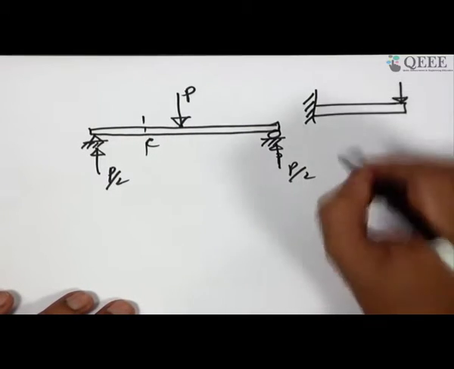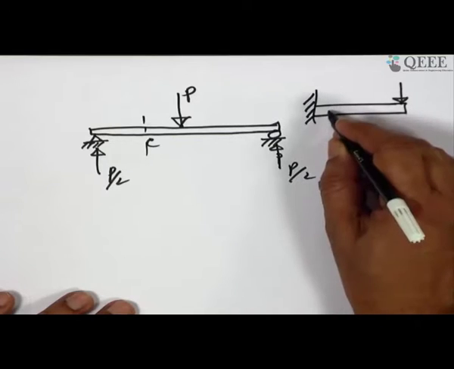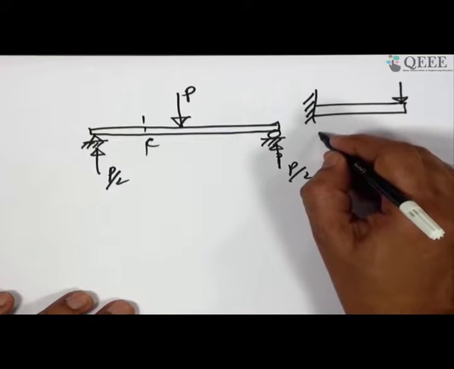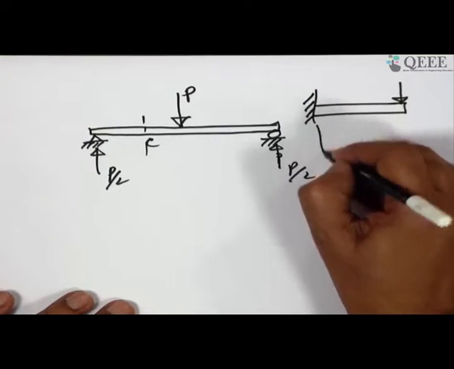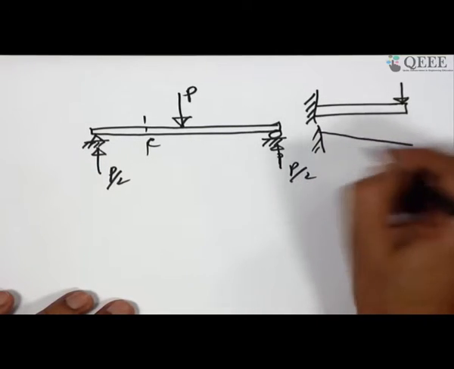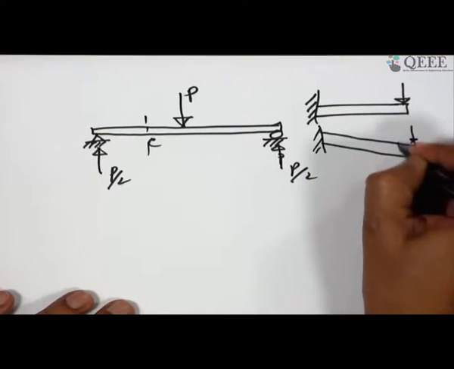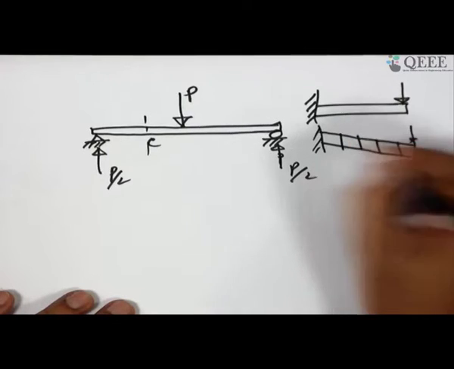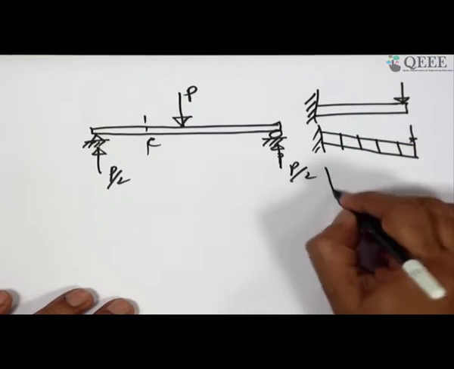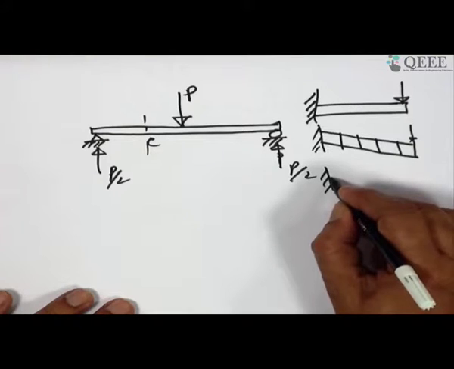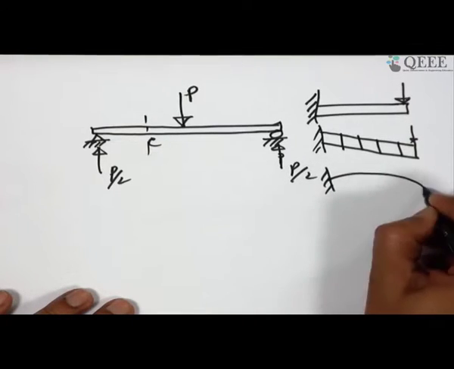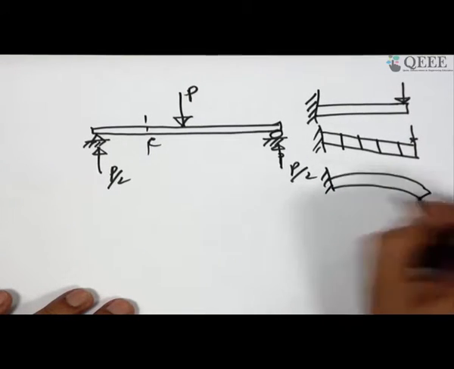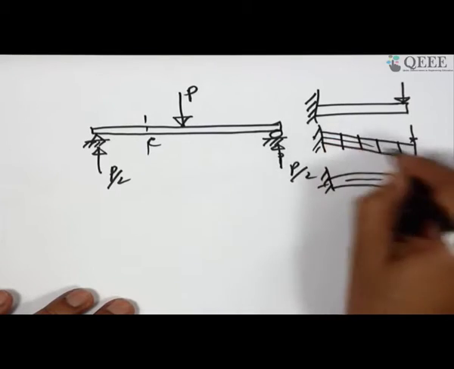I am just examining, if the material of the beam is extremely weak in shear, then the way it will try to deform more than the bending is like this. The elements will be trying to distort like this, and if it is extremely strong in shear but weak in bending, then it will actually try to bend this way. So, this is the effect of the bending and the shear.